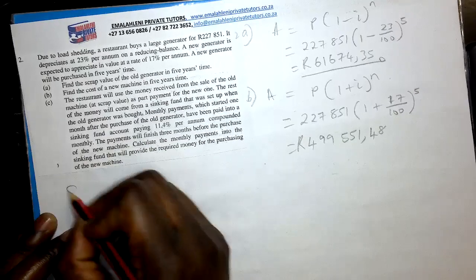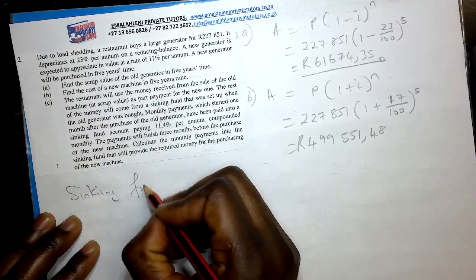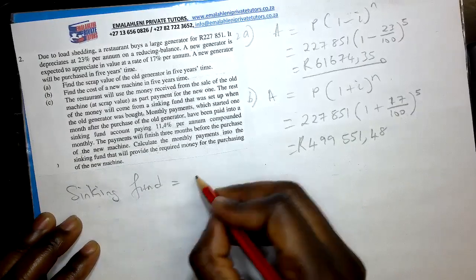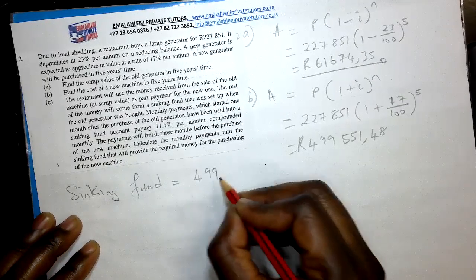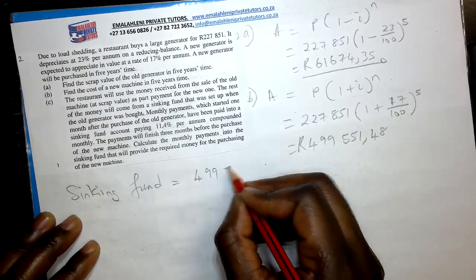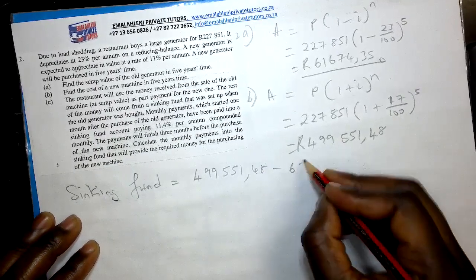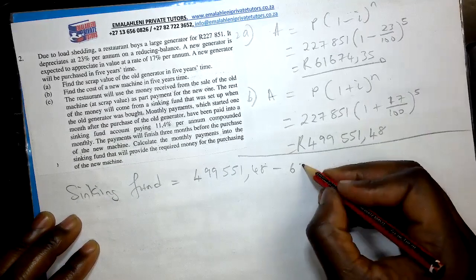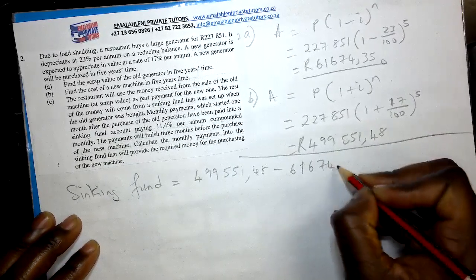So we need to first find the sinking fund amount. The sinking fund is going to be equal to 499,551.48 minus 61,674.35.